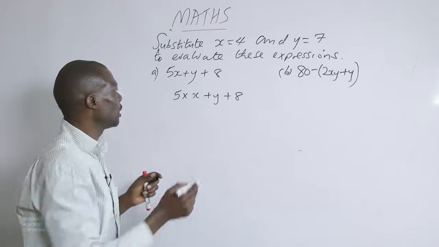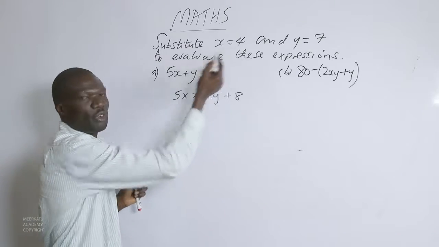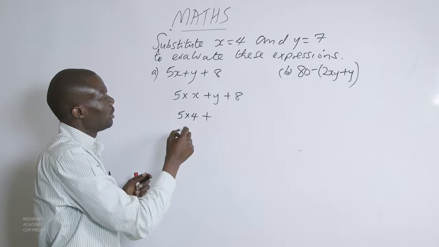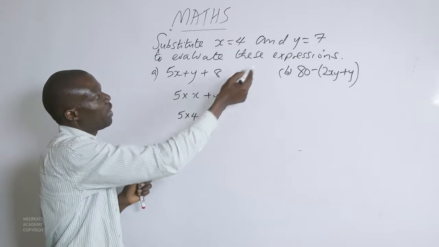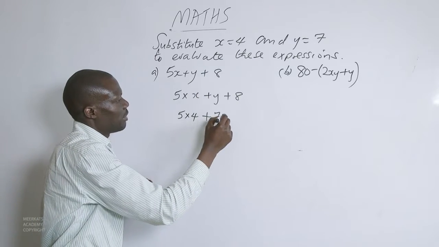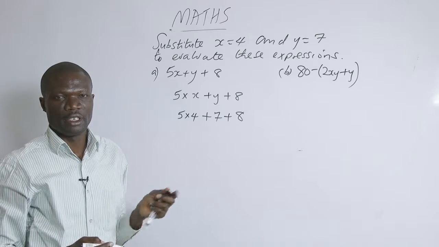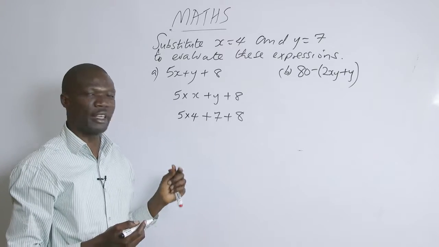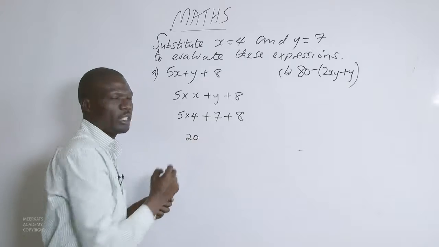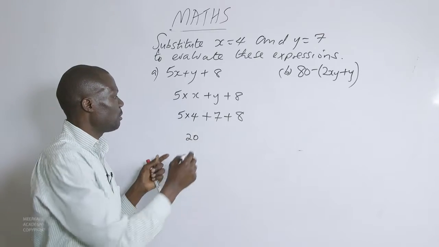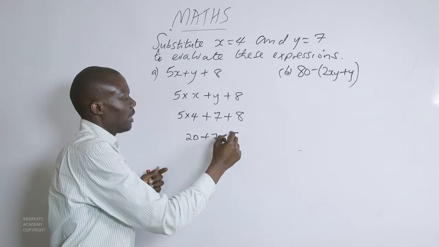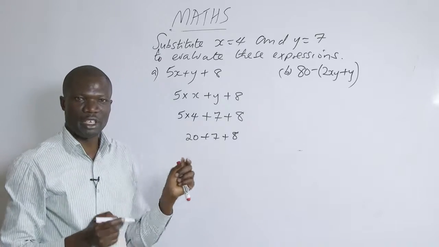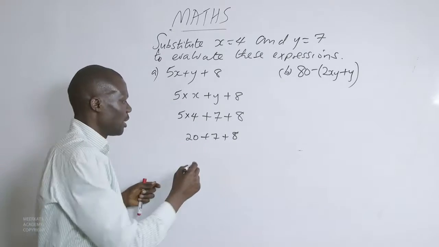Now, in substituting, where x is 4, we rewrite as 5 multiplied by 4 plus y, but y is 7. We put there a 7, then plus 8. Now, the order of operation should be maintained. So we deal with multiplication first before others. This will give us 20, 20 plus 7 plus 8. When you work this out, 20 plus 7 gives us 27, and 27 plus 8 gives us 35.